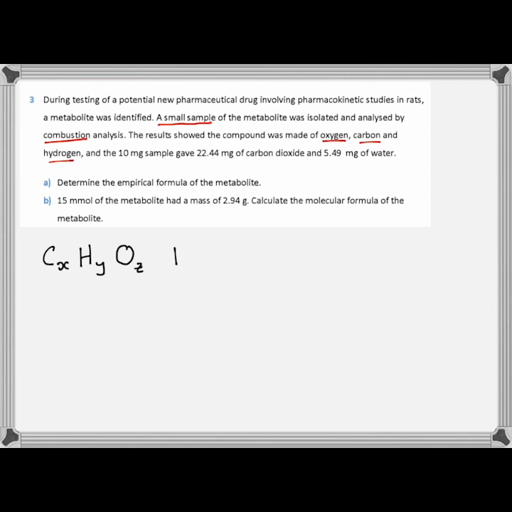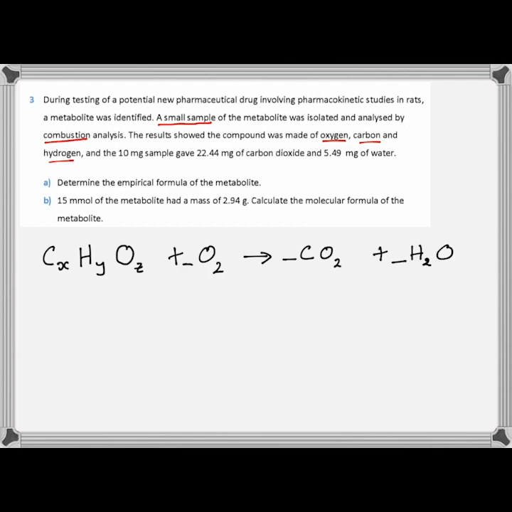And when we react it with oxygen, when we burn it, when we combust it, it ends up forming carbon dioxide and water. Now, this equation isn't necessarily going to be balanced. So we have no idea what numbers go there, there, and there. And we're trying to work out the empirical formula of this metabolite.